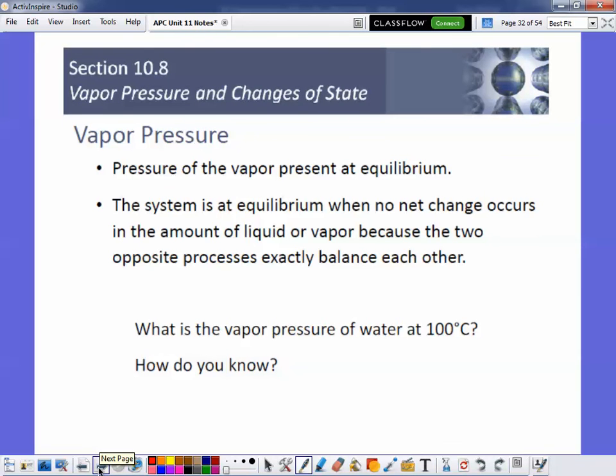So what is the vapor pressure of water at 100 degrees Celsius, and how do we know? What's happening at 100 degrees Celsius for water? It is boiling, right?